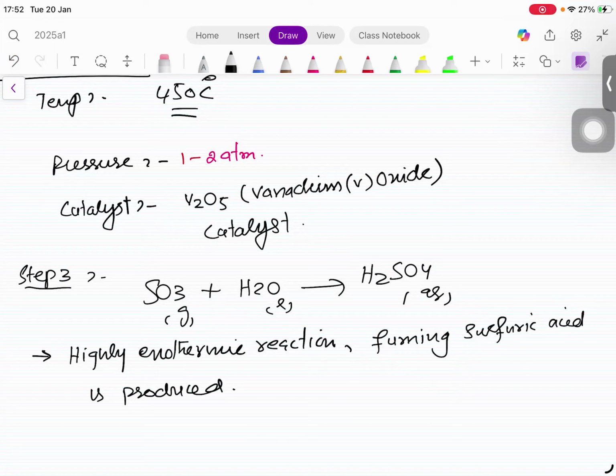Fuming sulfuric acid is produced, which may be a safety hazard. You know, sulfuric acid is very strong, very corrosive. So with such a highly exothermic reaction, the boiling sulfuric acid and the fumes of sulfuric acid may damage your skin, your clothes, and the material around.